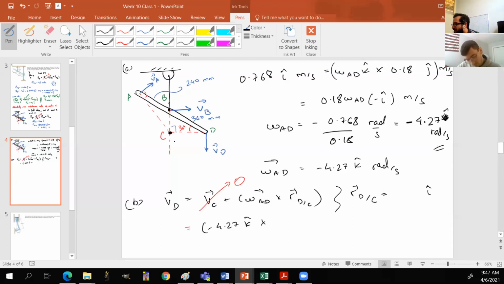What's the length DC? Cosine 30. That's right. So 0.36 cosine of 30 degrees, right? And this is in meters. So this ends up being square root of 3 over 2 times 0.36. Can you guys quickly check this? I got 0.312 i hat meters.